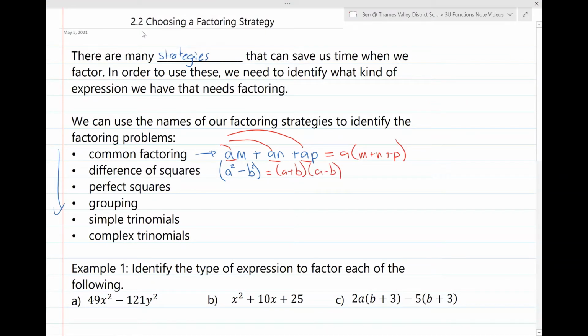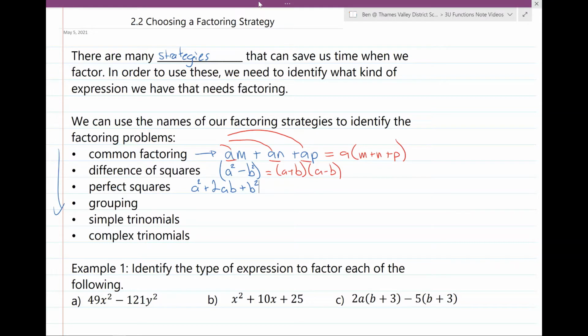And we can keep going. If we're working with a perfect square, it will look something like a squared plus 2ab plus b squared. That's what it will look like if we have a positive perfect square.